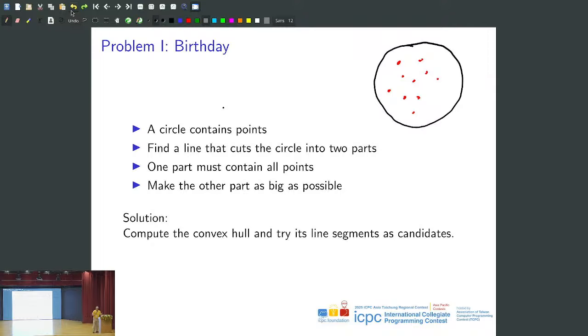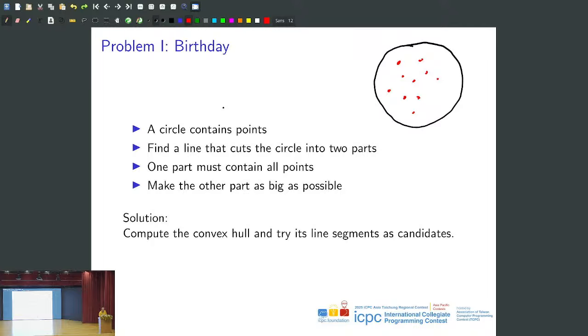And it's also clear you cannot hit a strawberry that's inside of the convex hull, because then one strawberry would be on one side of the cut and the other one would be on the other side. So basically it has to be a segment of the convex hull.